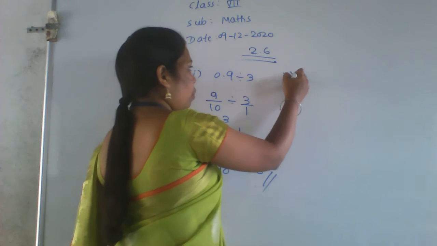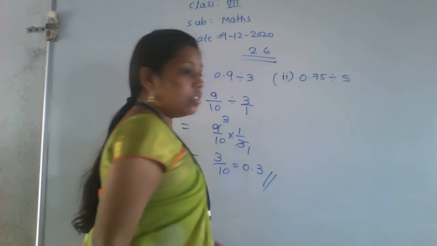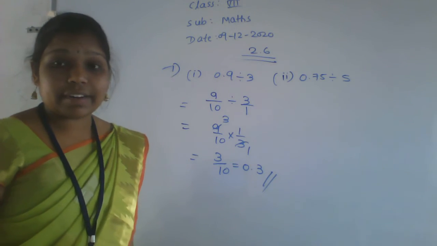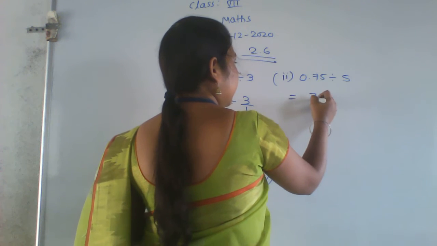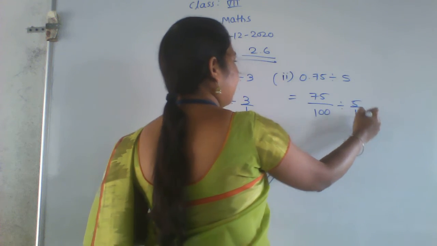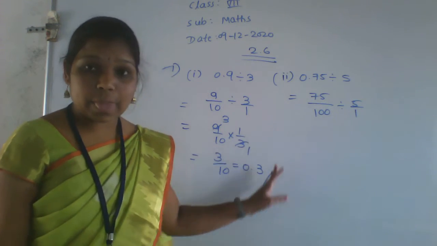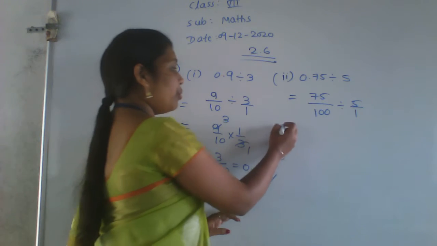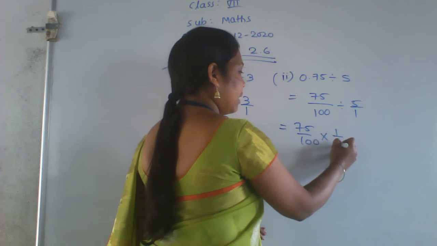So the next one is the second one. Do the second problem, that is 0.75 divided by 5. It can be written as 75 by 100 divided by 5 by 1. Right? Now write 75 by 100 into 1 by 5.